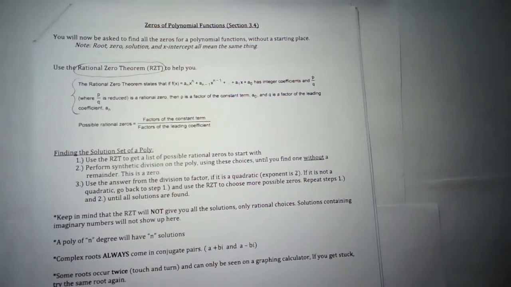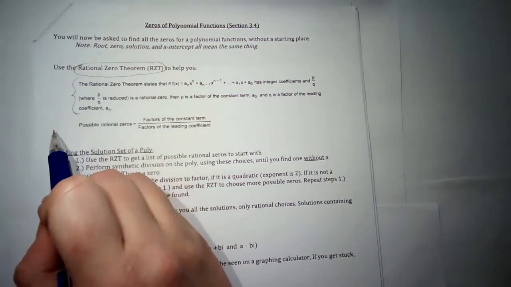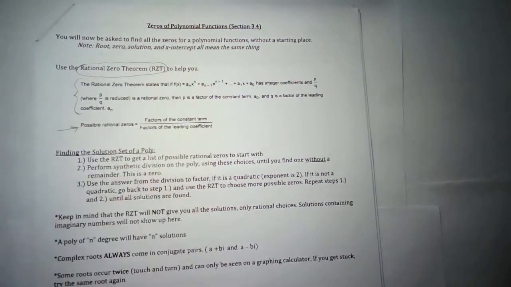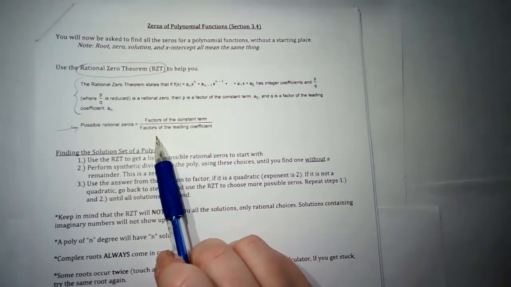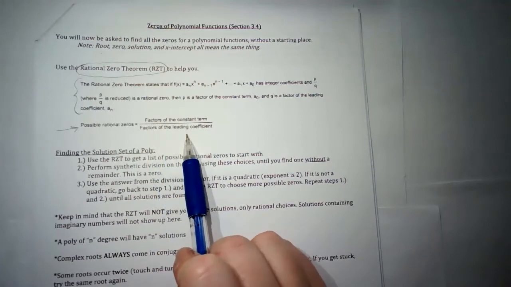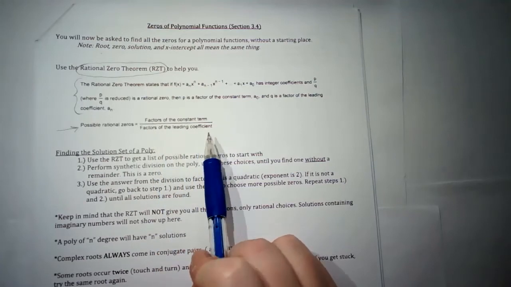Okay, so that's impossible. Here's what it actually wants you to do. It wants you to take factors of the constant term, that's the guy on the end with no letter, divided by factors of the leading coefficient, okay? Those are going to give you possible choices that you could divide into your polynomial to see if you have a remainder.